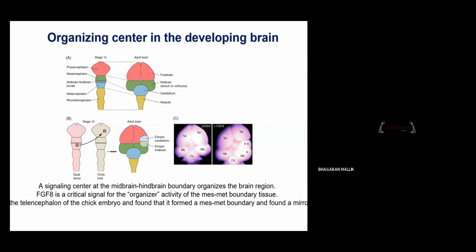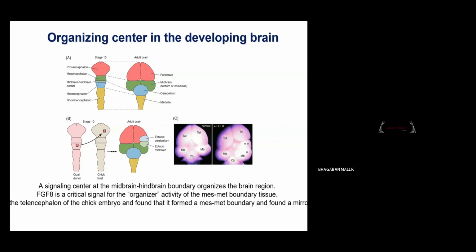So what experiment people have done is, in the stage 10 embryo, they took part of the metencephalon close to this organizing center, and put it in the forebrain.